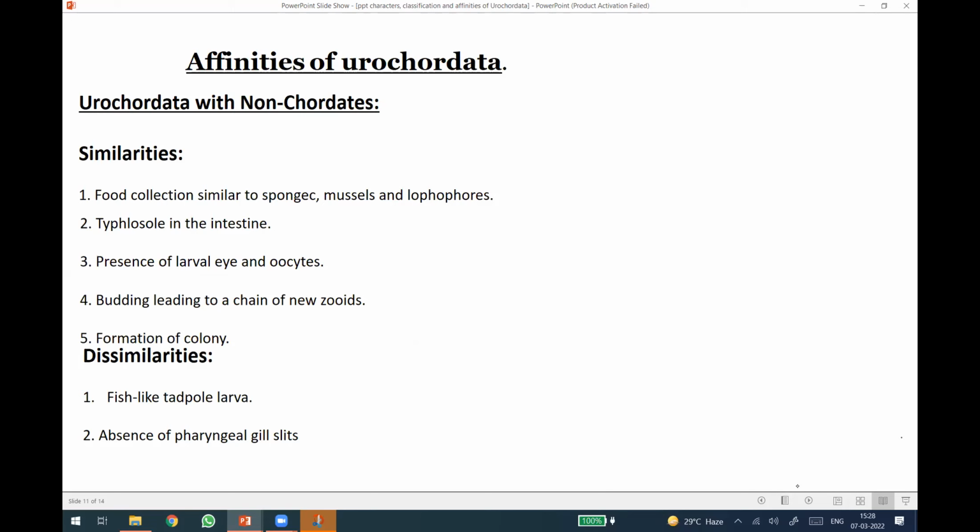Now comes the affinities of Urochordata. Urochordata have remarkable affinities with some of the non-chordates, and a few, on the other hand, with the protochordates.